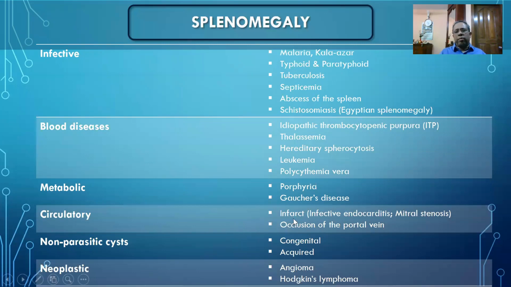Splenomegaly also develops in occasional occlusion of the portal vein, causing back pressure and stasis of blood, so the spleen becomes enlarged. Non-parasitic cysts, congenital or acquired, and neoplastic causes like angioma and Hodgkin lymphoma may also enlarge the spleen. So these are all the causes of splenomegaly.